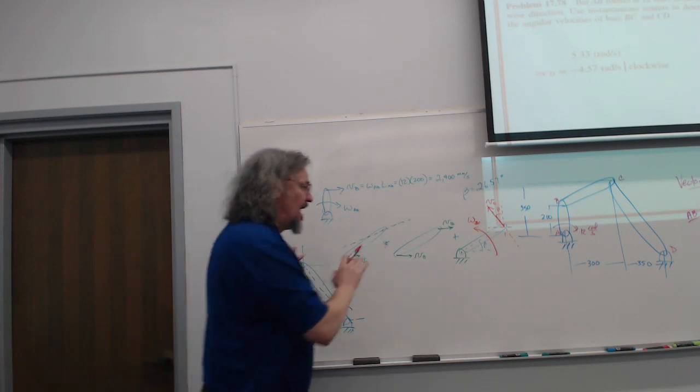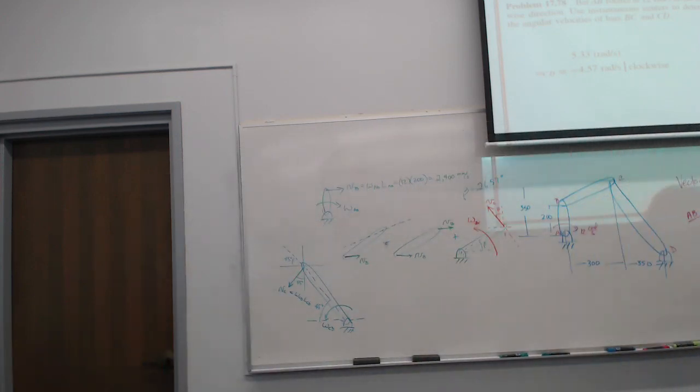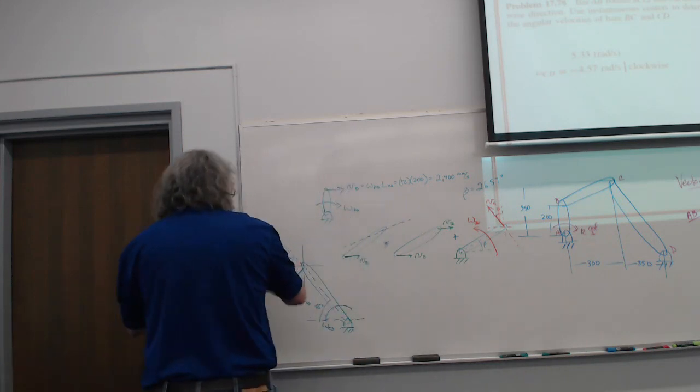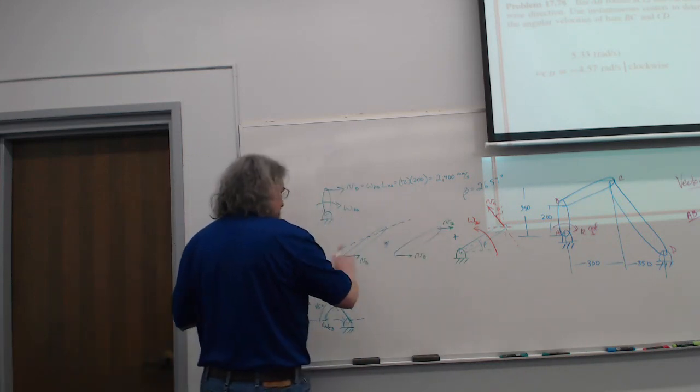So everything is basically doing the same thing as over here. Our scheme is we found a velocity for one link, and we know it had to be the same velocity as this other link, so we're going to do the same thing right here. We have this velocity in that direction, and we have this in this direction.